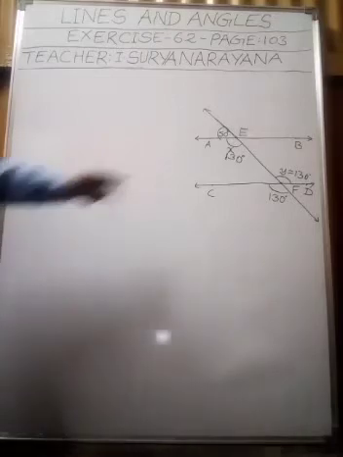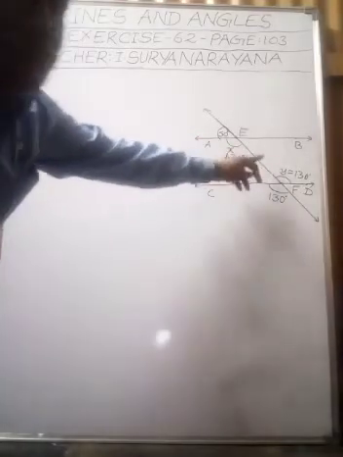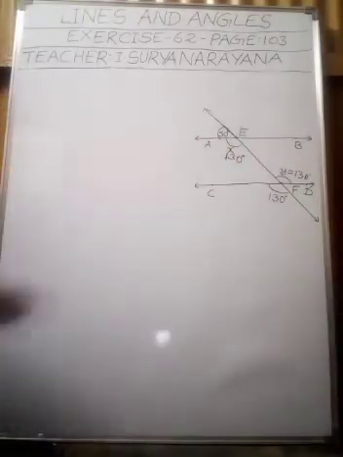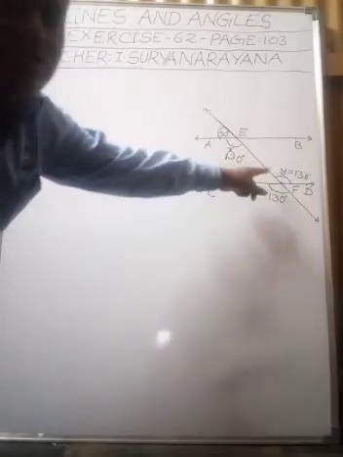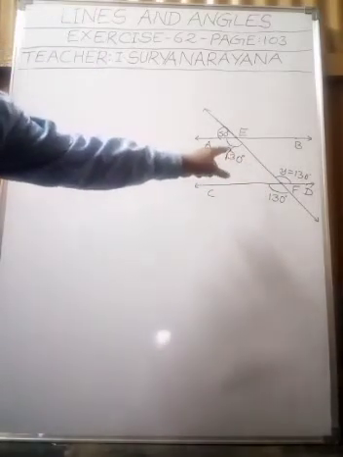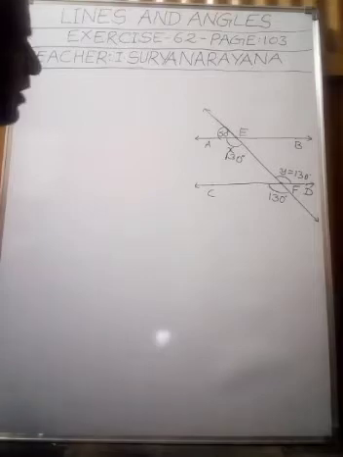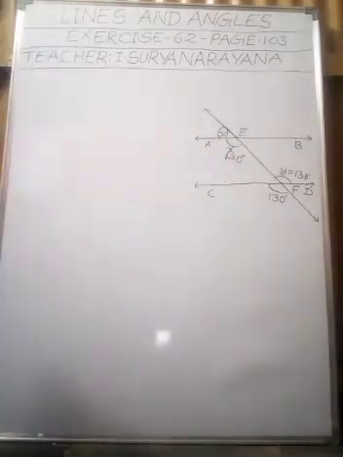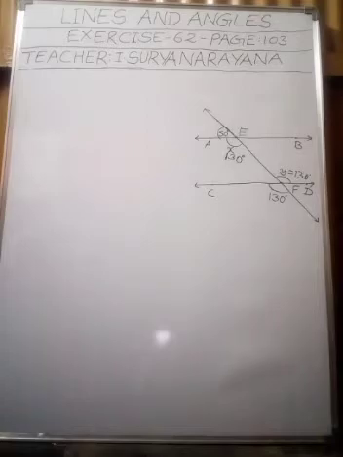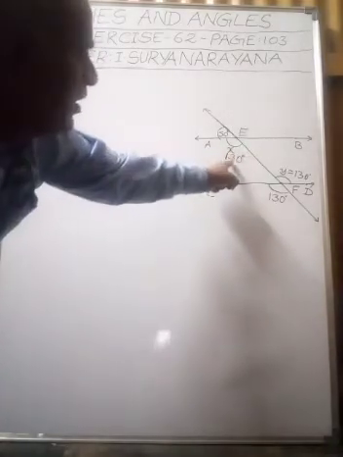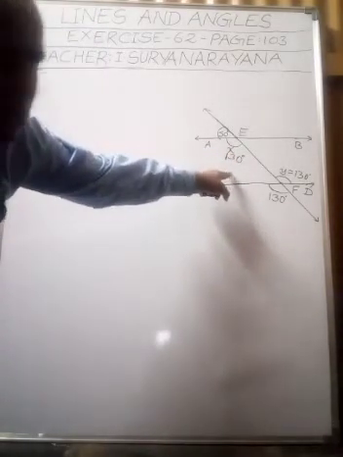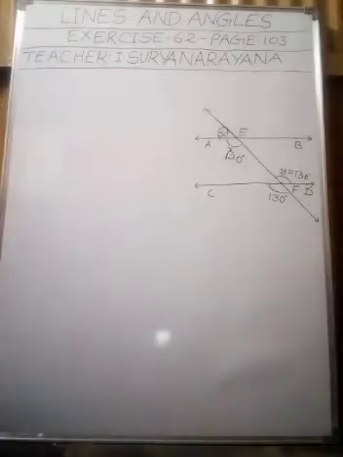Now observe these two angles, my children. What are the two angles said to be? They are alternate interior angles. x and y are alternate interior angles and they are equal. Here x is 130 degrees and y is also 130 degrees.